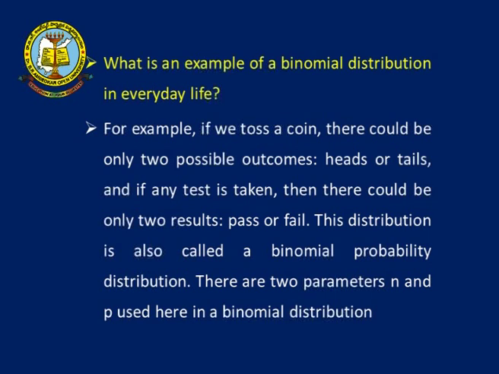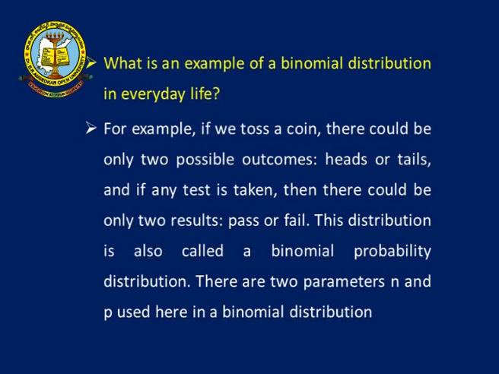What is an example of a binomial distribution in everyday life? For example, if we toss a coin, there are only 2 possible outcomes, that is head and tail. Only 2 possible outcomes, that is success and failure.